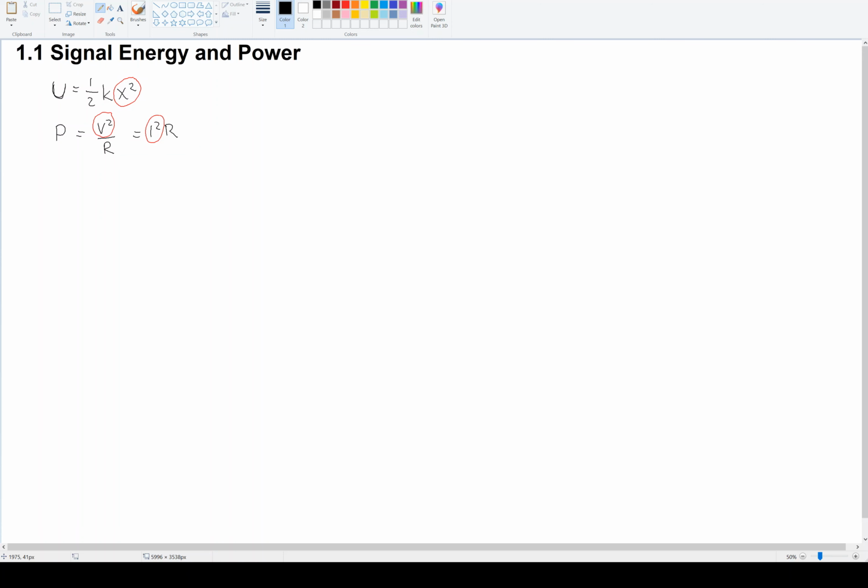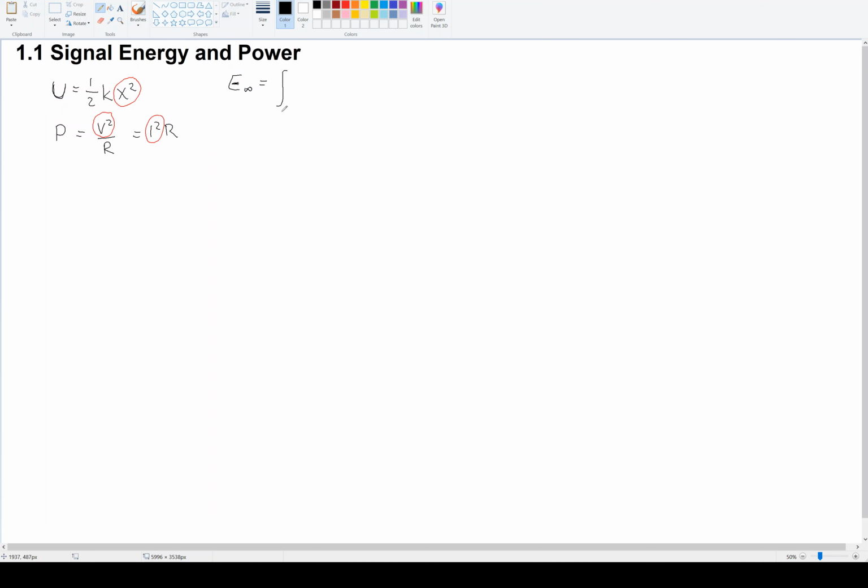And so we're not really interested in units in our course. So we're going to drop R, and we're going to drop the 1/2, and we are going to define energy. We're going to call this the total energy in the signal, E sub infinity.